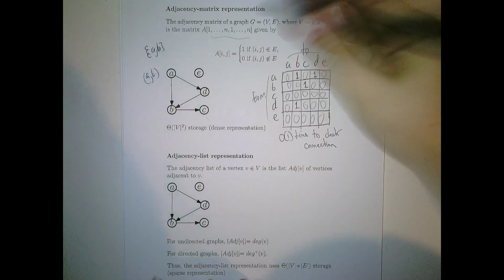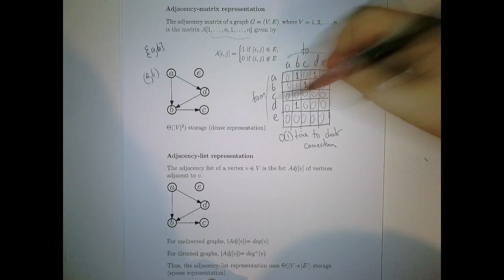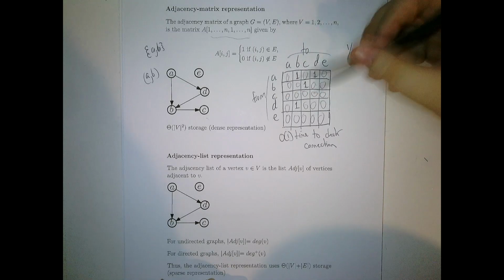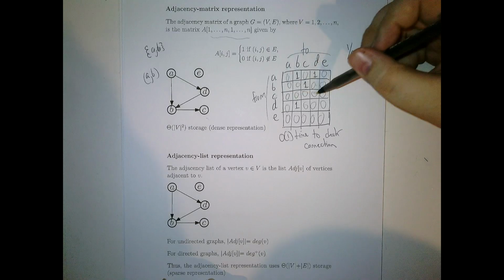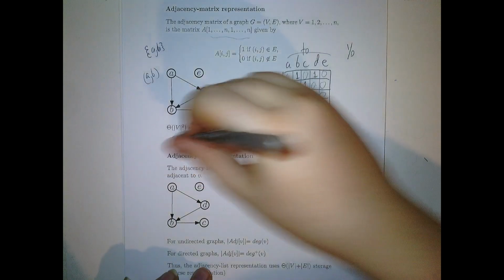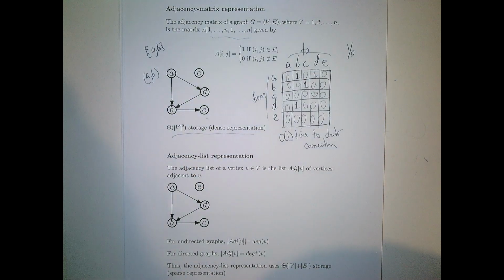That's the name, right? We check to see if things are connected in constant time because we can just say, oh, is C connected to D? No. We jump to the location in the matrix. It's a 0. The trade-off here is this is kind of expensive, right? This requires the number of vertices squared in terms of storage.